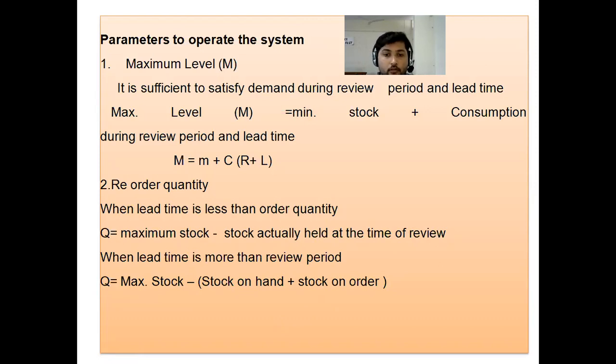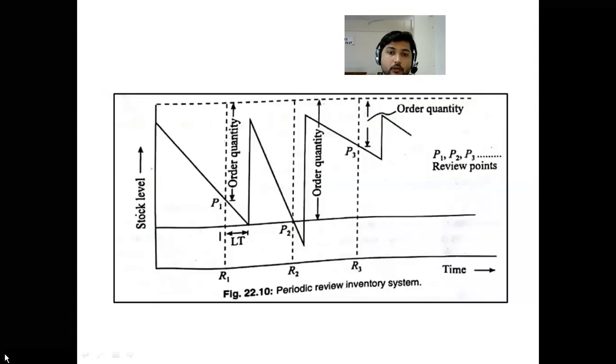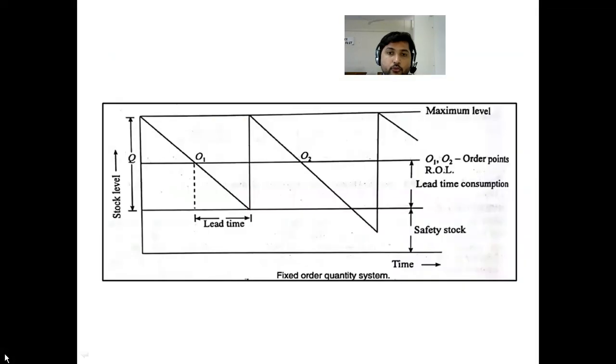So we have to consider that order also when the lead time is more than the review period. So Q is equal to maximum stock minus (stock on hand plus stock on order). Getting everyone? Is there any question, any doubt in these two systems?